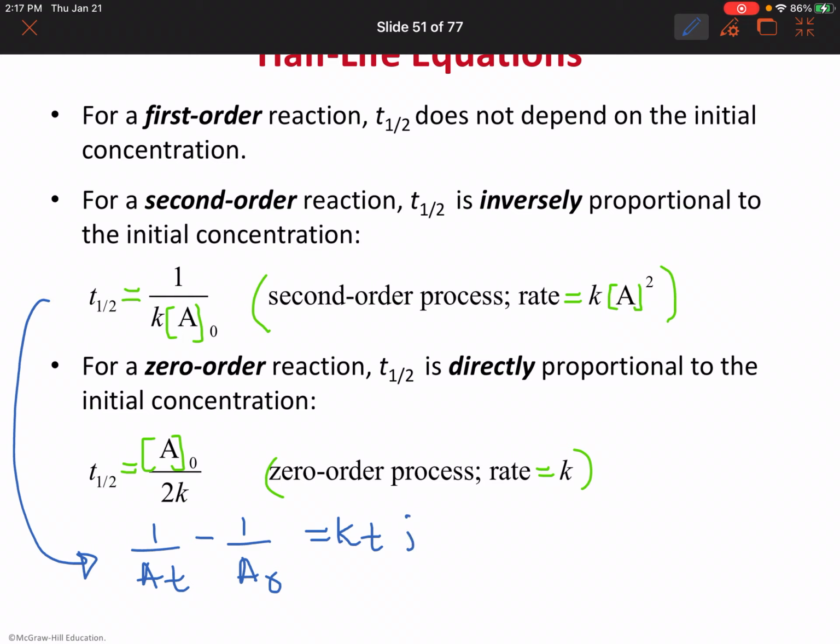At T half, the concentration is half of the initial concentration, so A t is A naught over 2. So 1 over A naught over 2 minus 1 over A naught: 2 goes to the top, 2 over A naught minus 1 over A naught is 1 over A naught. So 1 over A naught equals k T half.